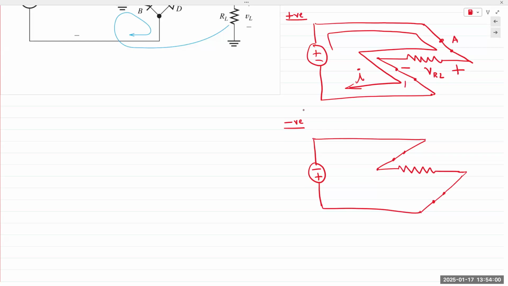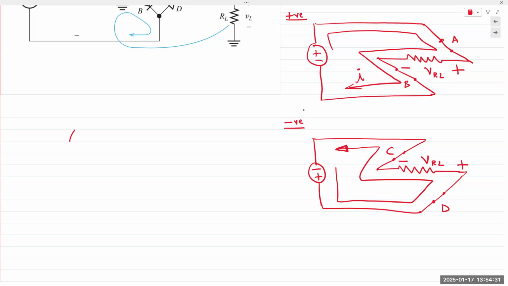So A and B, and here it's C and D. And the current is now flowing in this direction. However, for RL, the current is flowing in the exact same direction, causing a voltage drop with a plus on the right and minus on the left. Once again, creating both half cycles going in the exact same positive direction through the load.